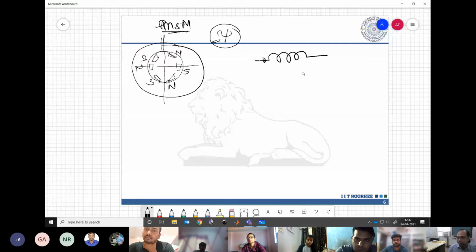Isn't it? Your flux is nothing but Li. L we have considered linear and constant. So when you keep I fixed, you have a fixed flux value, which means some kind of DC current. Let's say I, which is not varying with time. It's not a sinusoidal quantity. So a magnet can be represented like a current source in a fictitious coil.